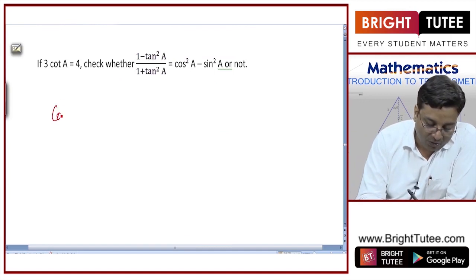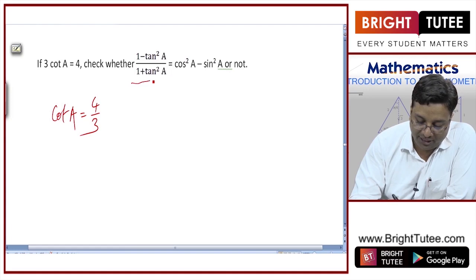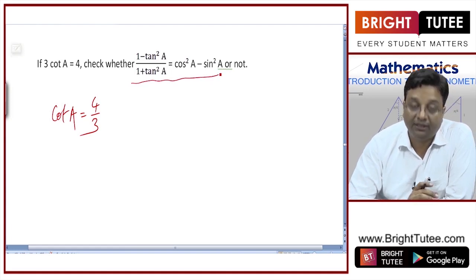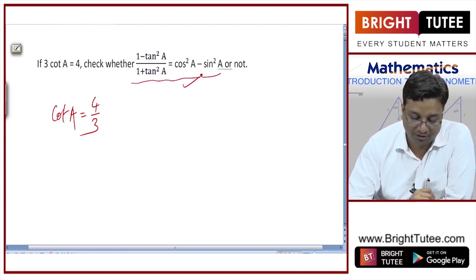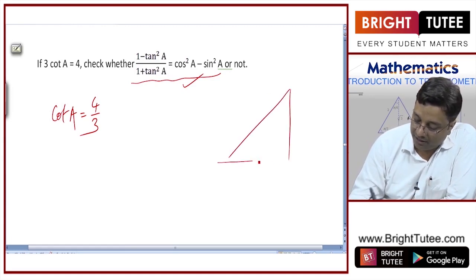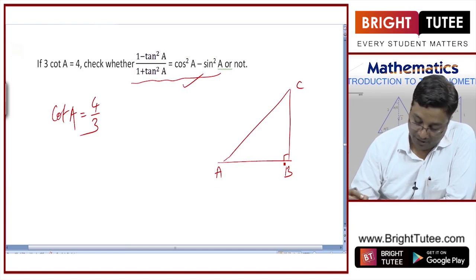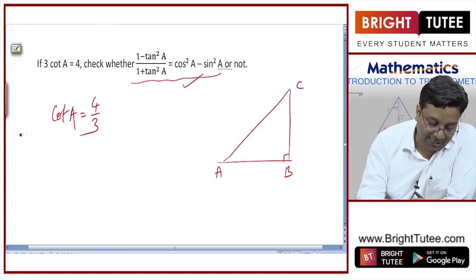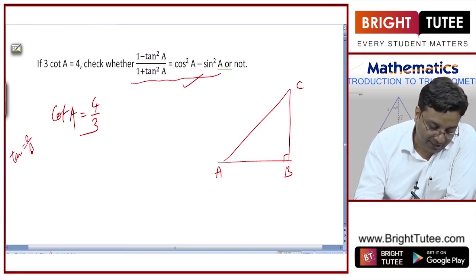Cot A is given as 4 by 3, and we need to check whether this is equal to this or not. This is a similar question where we need to make a triangle, let's name it ABC, with this as the right angle. Tan is opposite by adjacent, so cot is adjacent upon opposite.